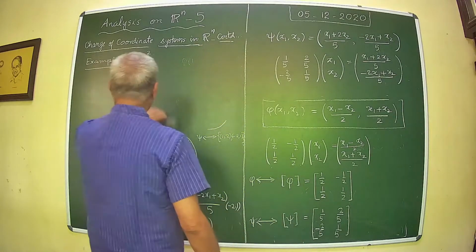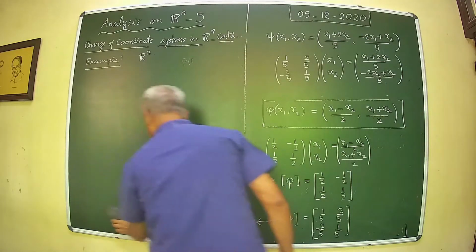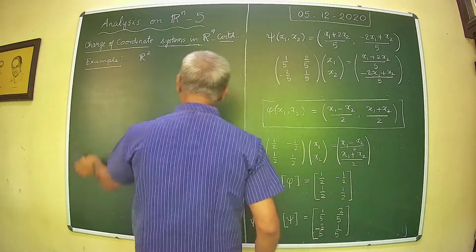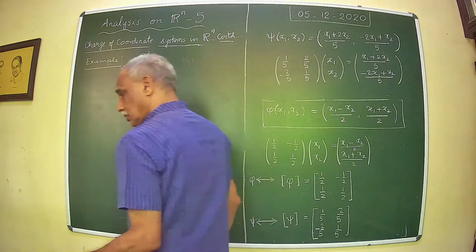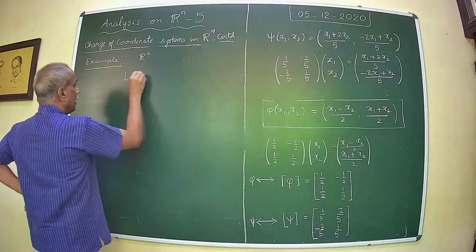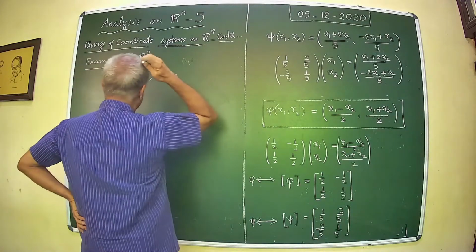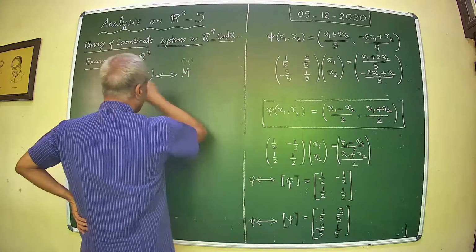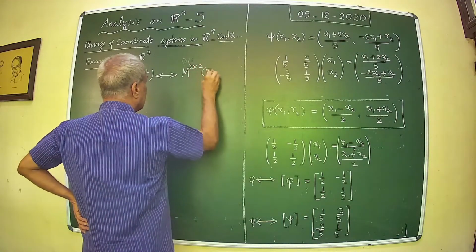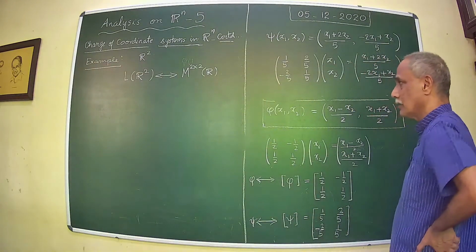In fact, when we try to write down representations of linear transformations, you will see this. So what you are having now is this. You have L on R2 that can be identified with M, a matrix of 2 rows and 2 columns on R2.